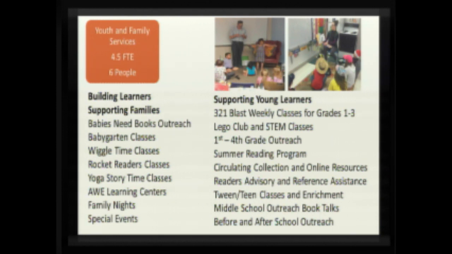In addition to selecting and maintaining the collections, which is, they take care of the toddler books through the tweens and the teens, all that space. Also, they take care of the furniture and all those things that go on there. They also spend a lot of time working on making opportunities for children from babies to teens and their families to have opportunities to learn.